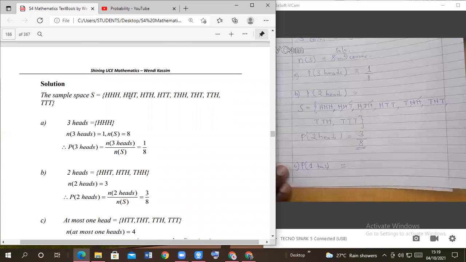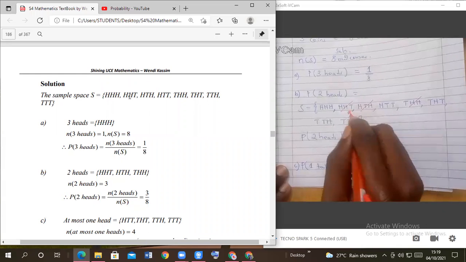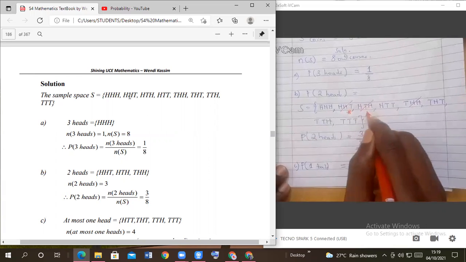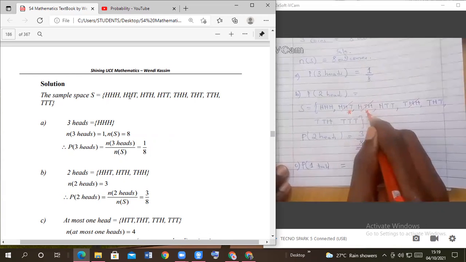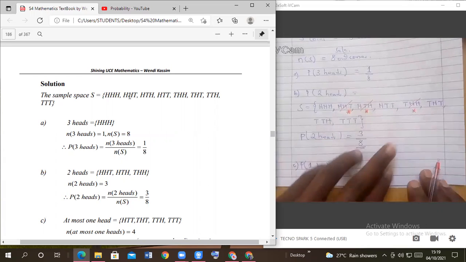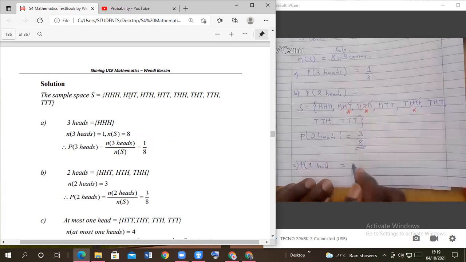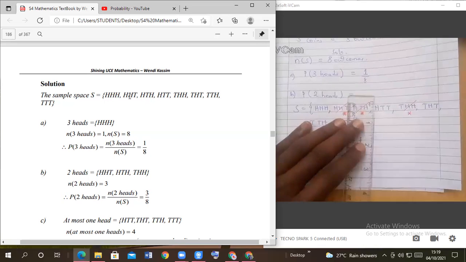I'm seeing a tail here. I'm also seeing a tail here. I'm also seeing a tail here. They are 3. So it's 3 over what? 3 over 8.